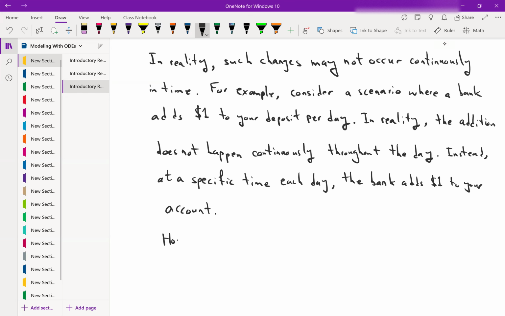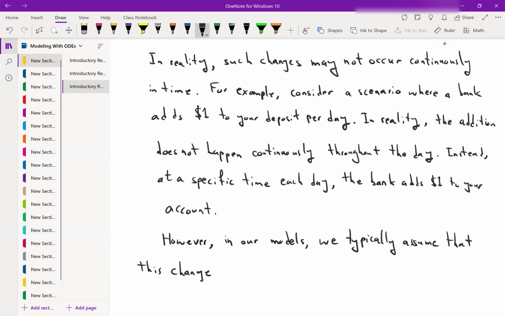However, in our models, we typically assume that this change, this addition of $1, occurs continuously over time.